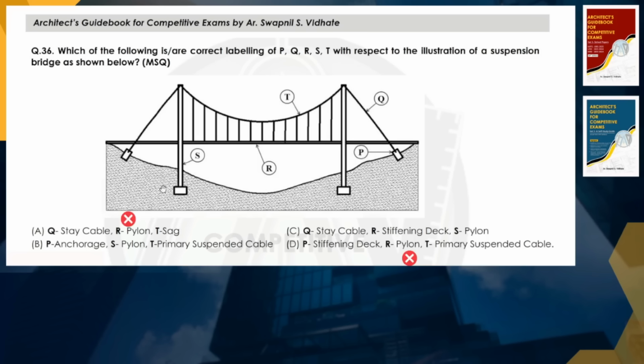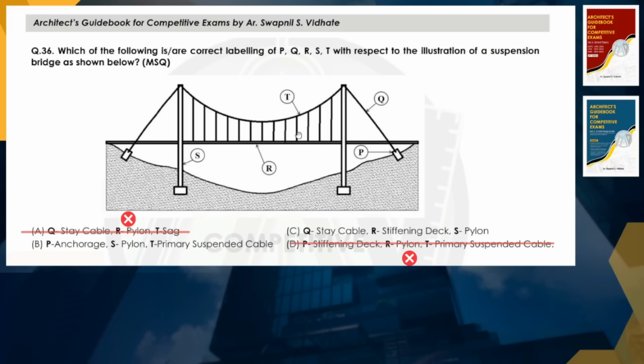So straight away you can say that option A and option D are incorrect, since they say R is the pylon. The correct nomenclature for label S is the pylon, so we can ignore these two options. In option B, they have mentioned P as the anchorage, which is correct.